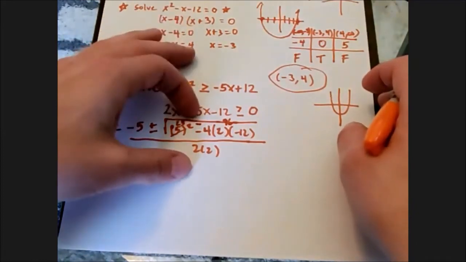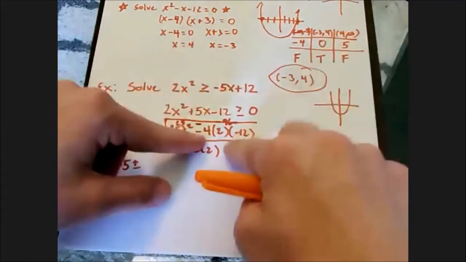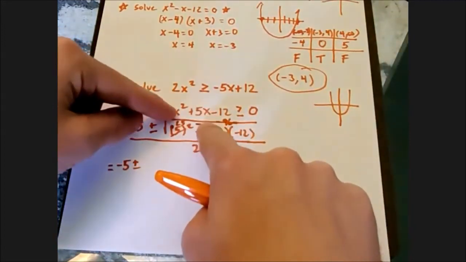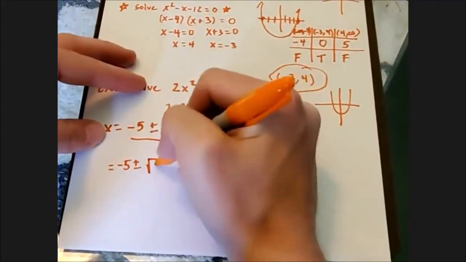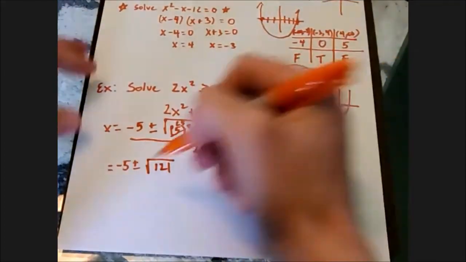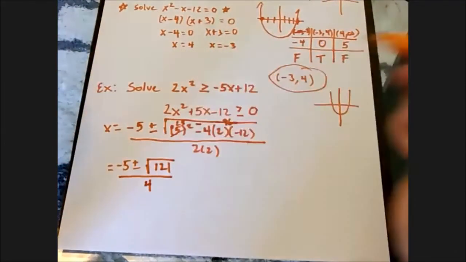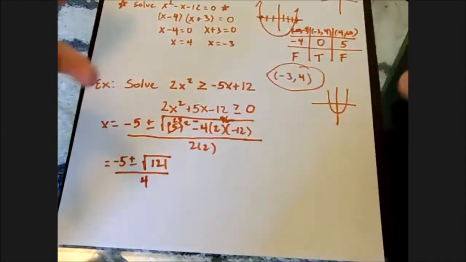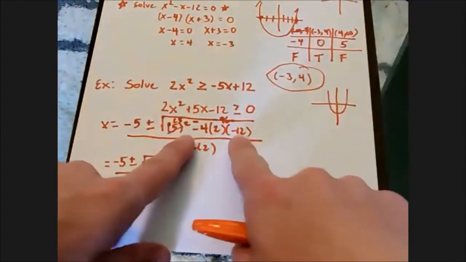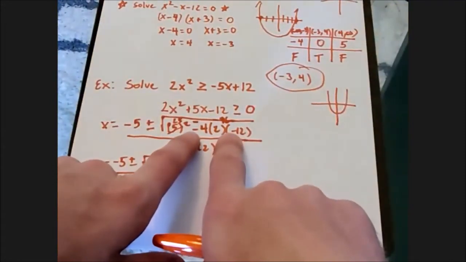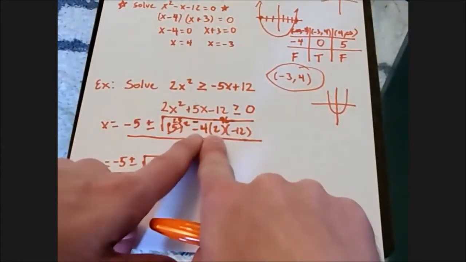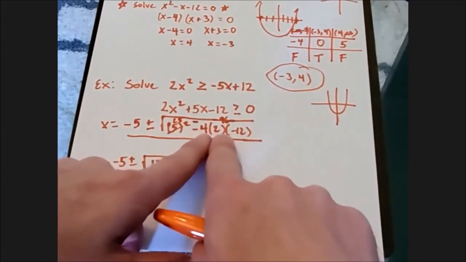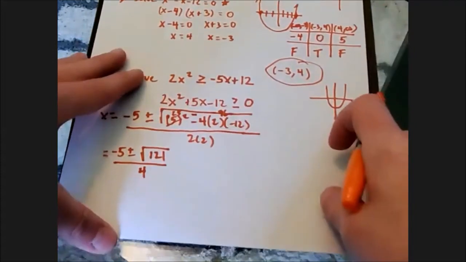These double negatives make a positive, which makes this 25 plus 96, which is 121, all over 4. So watch out for that, students, if you're doing the simplification of the quadratic formula. If you have a minus and then a negative, you're going to be adding those two terms together. If you have a minus, negative, negative, then you're going to be subtracting the two terms. You've got to count the negatives and pay attention to that.